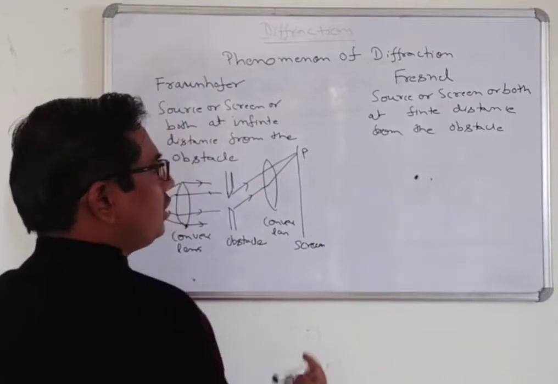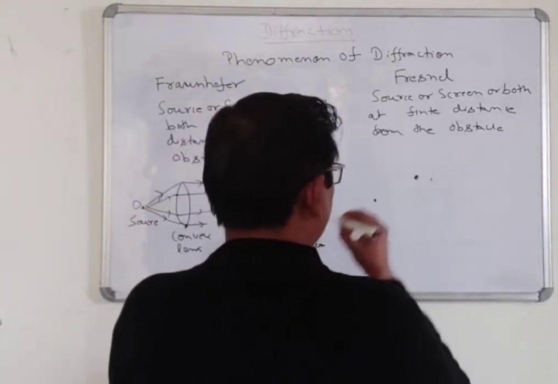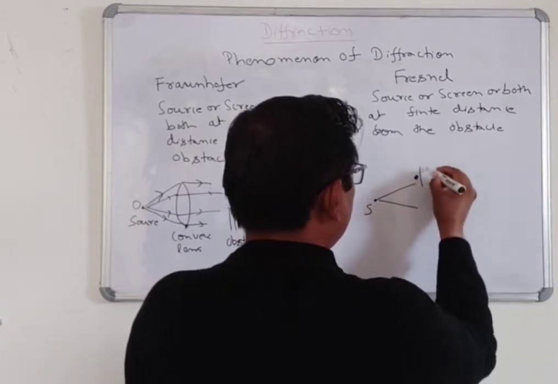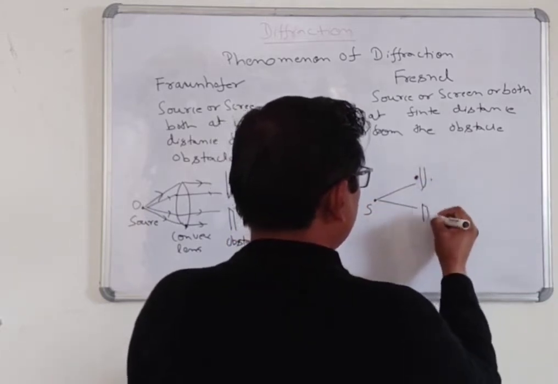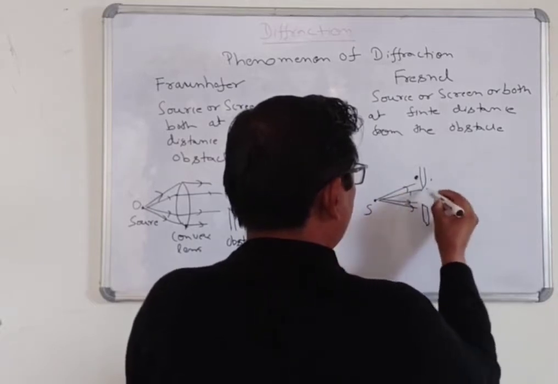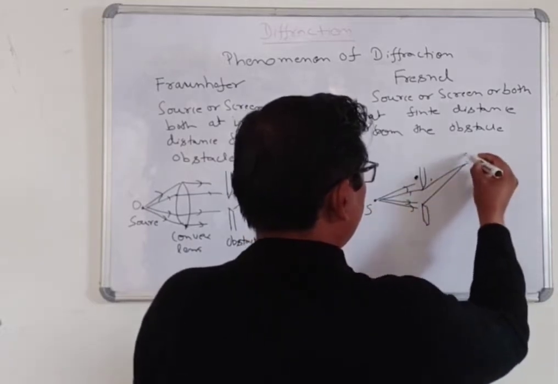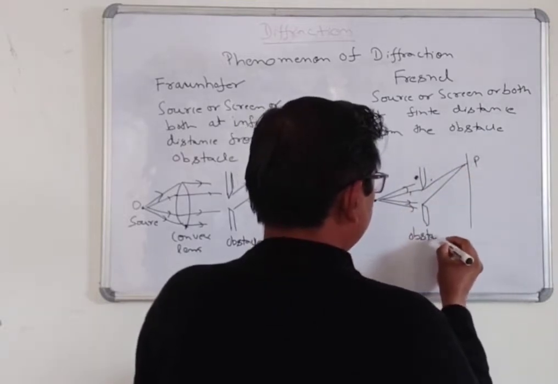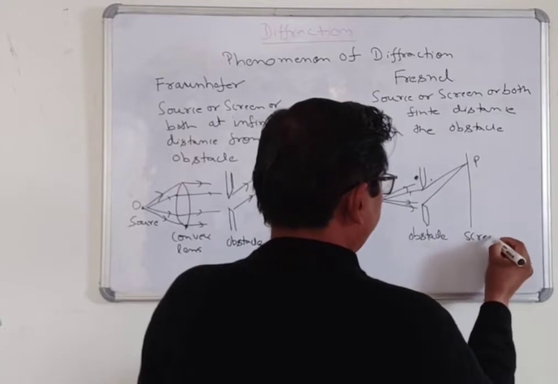Now in the case of the Fresnel, the source is here, there will be an obstacle like that, and the bending of the light will be focused on a screen. This is the obstacle, this is the screen.